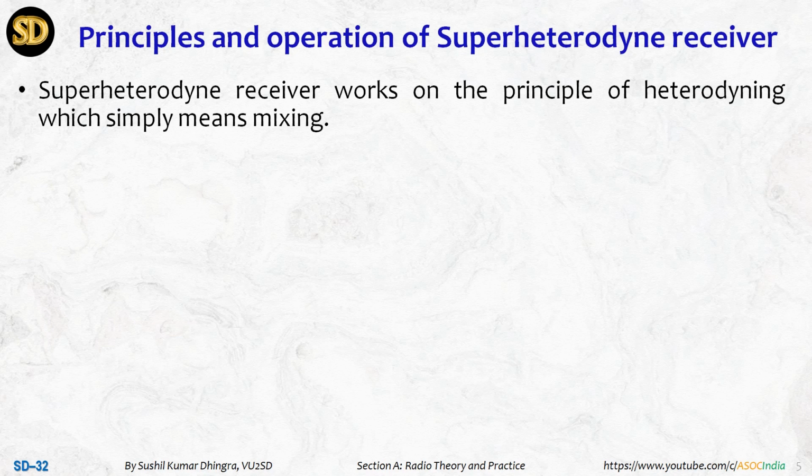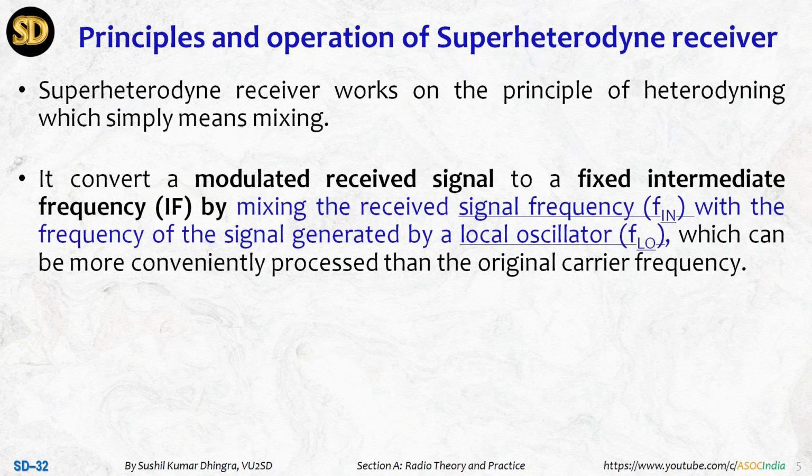Now, telling again, this superheterodyne receiver converts a modulated received signal to a fixed intermediate frequency by mixing the incoming received signal frequency with the frequency signal generated by the local oscillator, LO, which can be more conveniently processed than the original carrier frequency.